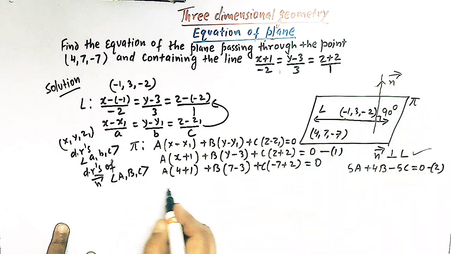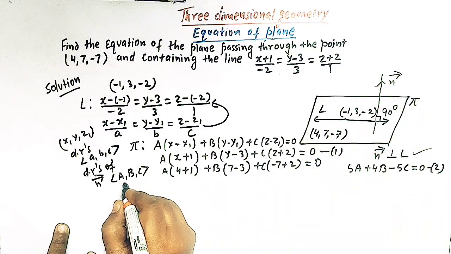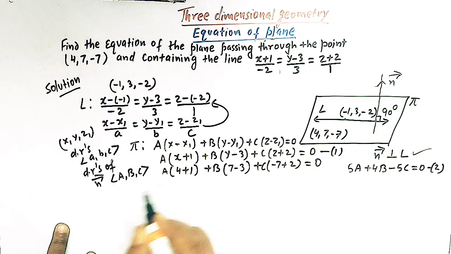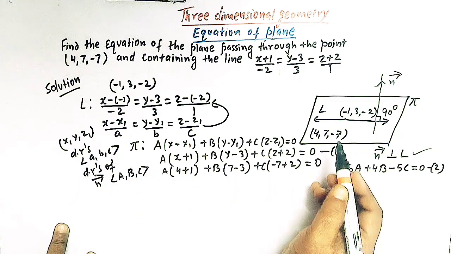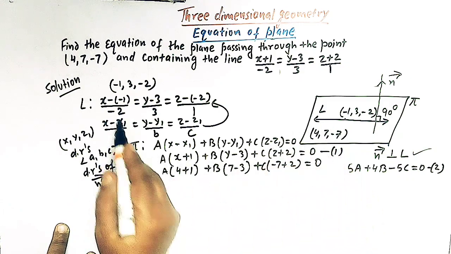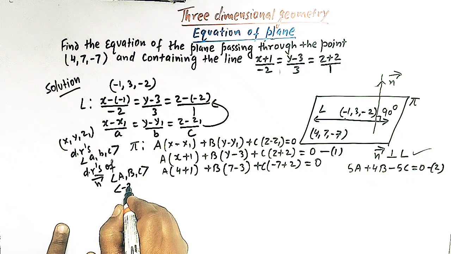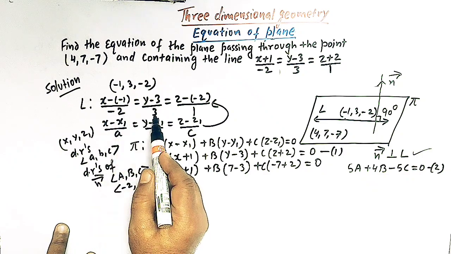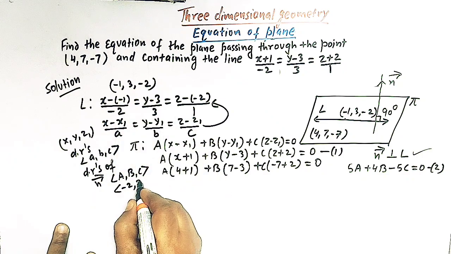Now the direction ratios of the normal vector are A, B and C, and the direction ratios of this line L are given by minus 2, 3 and 1, right?